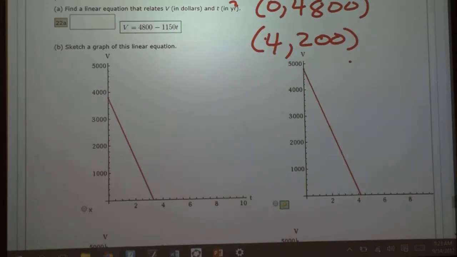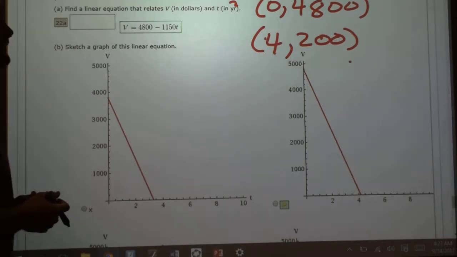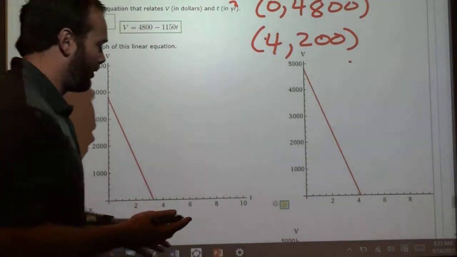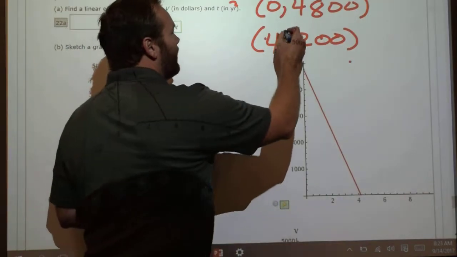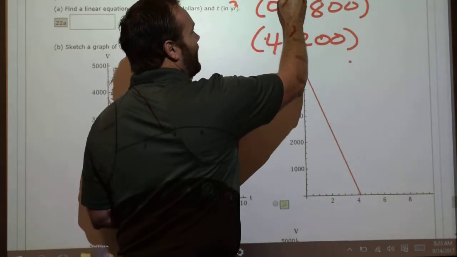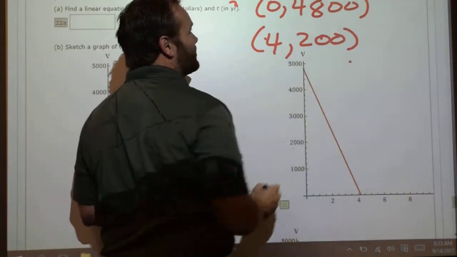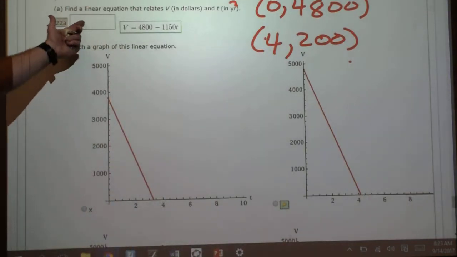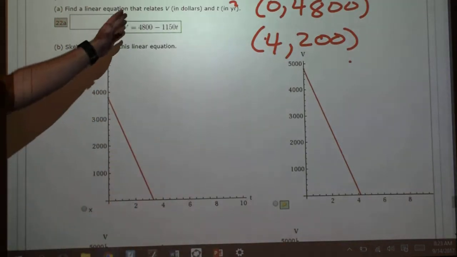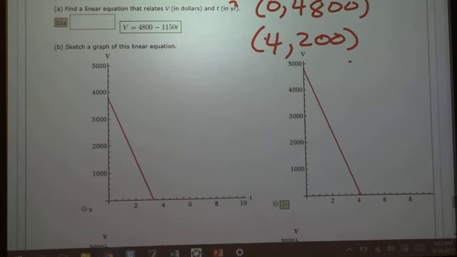At 4 years, that's another time value, and the value at that time is going to be 200. So when we do this, we're used to X's and Y's, but they're using a time and a value, so T and V, and that's what they're talking about here. That relates V in dollars and T in years.